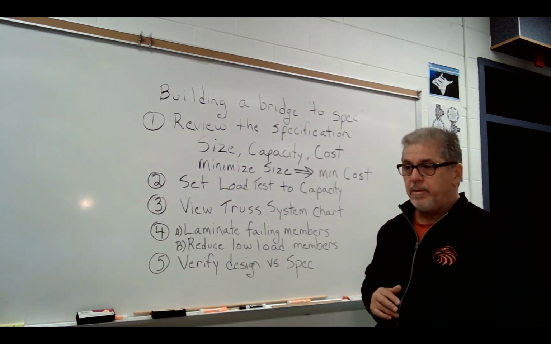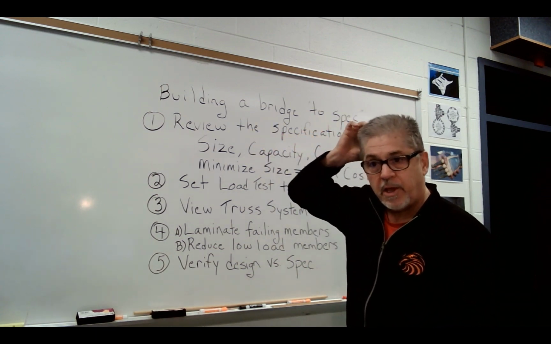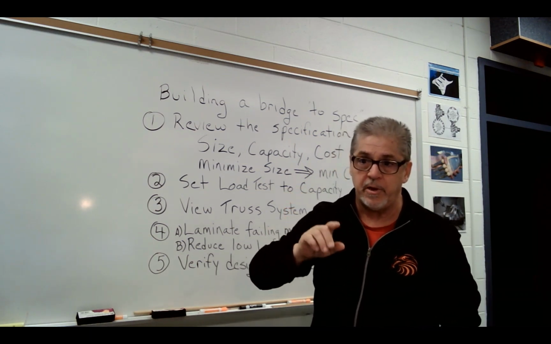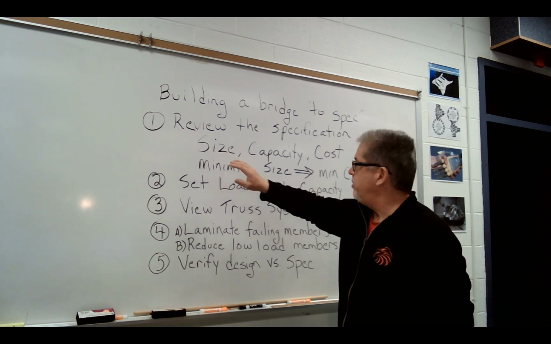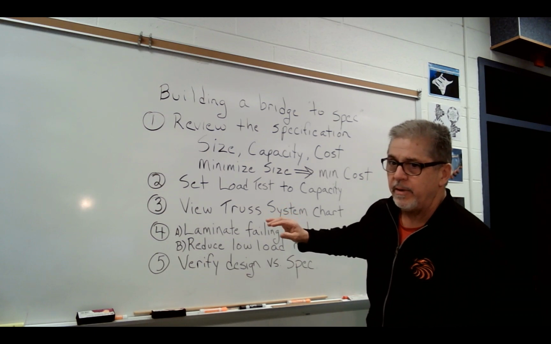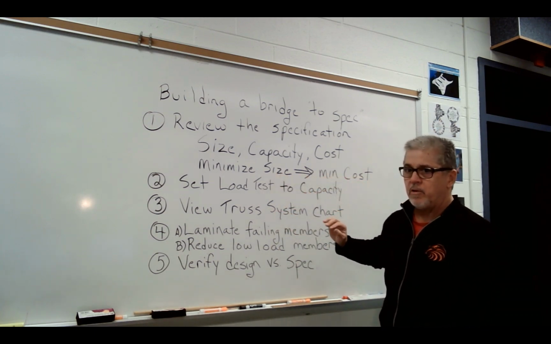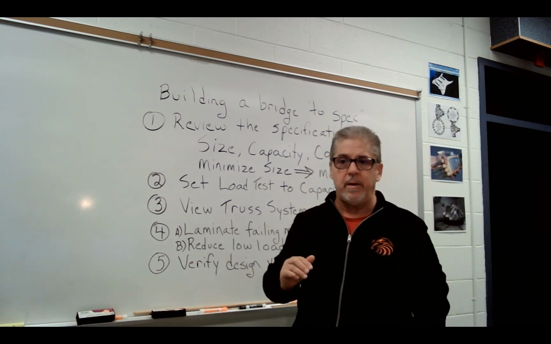It's a 5-step procedure. So when I say spec, we really mean specification. And the key items we're going to pay attention to in the specification, when we look at it in just a second, are size, capacity, and cost. And there is a direct relationship between the size and the cost. We have a budget. We can't spend whatever we want on the bridges.